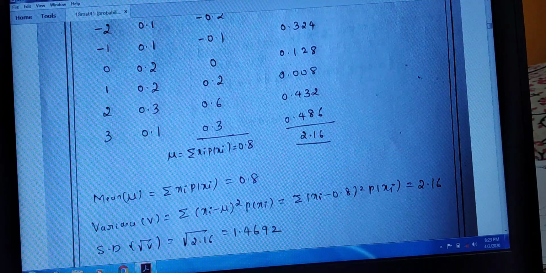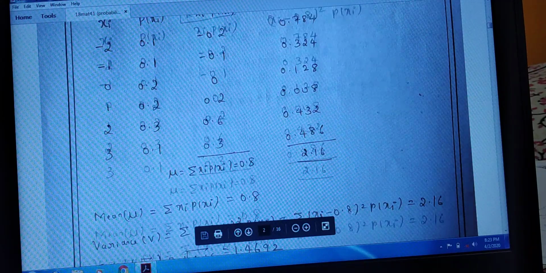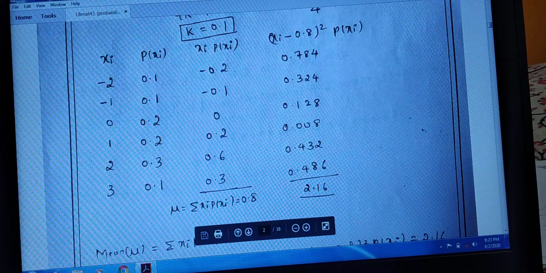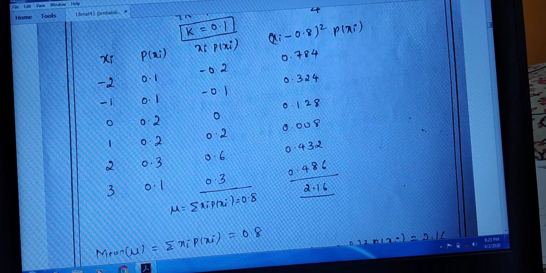Now what you have to do is substitute all your xi values and p of xi values, and then calculate using your calculator. Here this is the mean value 0.8. Substitute all your xi values and then p of xi values in this formula, and you're going to get this answer.